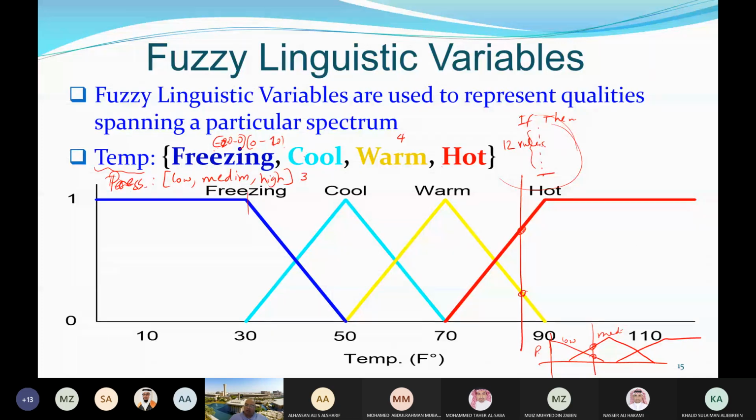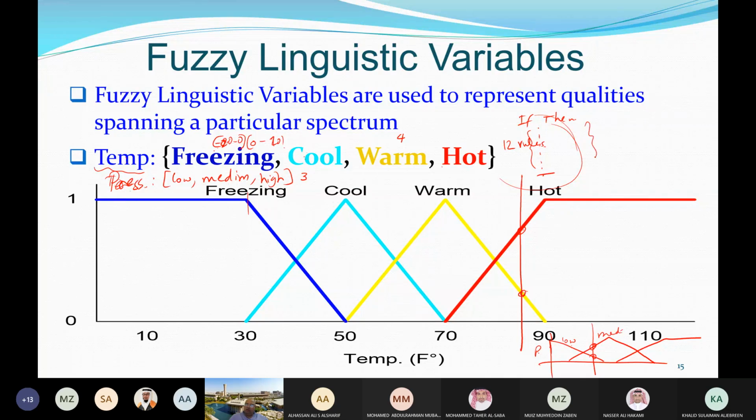If the temperature is hot and the pressure is low, this is the case. If the temperature is warm and the pressure is low, this is the case also. And if the temperature is hot and the pressure is medium, this is the case. And also for warm and medium, this is the case.